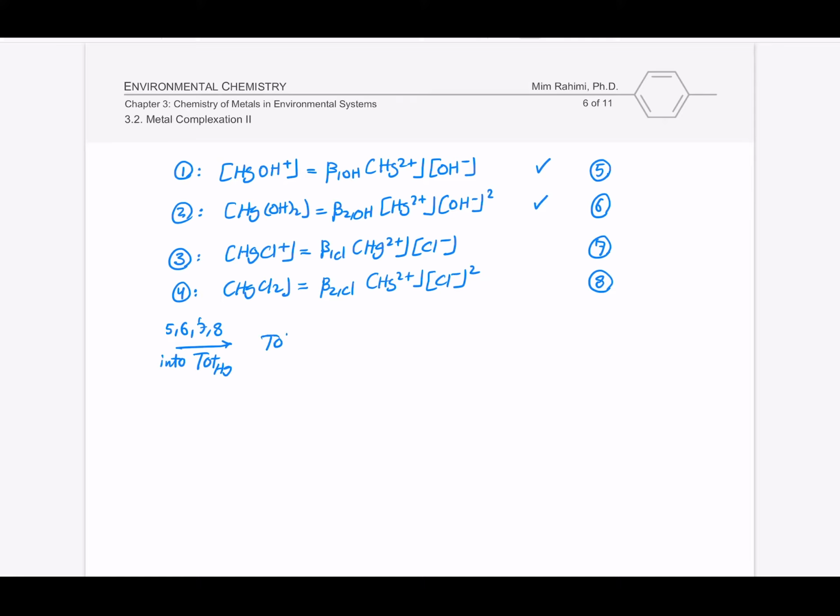So the total Hg would be Hg2 plus times 1 plus beta 1 OH, OH minus, plus beta 2 OH, OH minus to the power of 2, then beta 1 Cl, Cl minus, plus beta 2 Cl, Cl minus to the power of 2. So let's call this relationship 9.